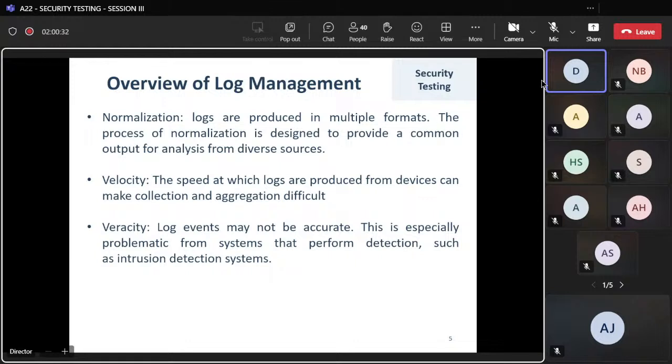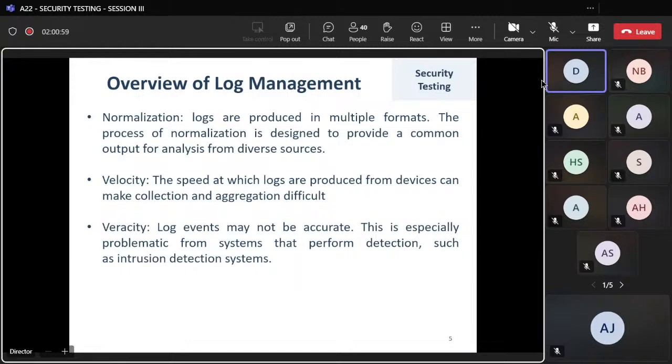From that source, you need to have normalized content. Second, we need to know about the velocity, the speed at which the logs are produced from various devices and pushed. It will be very difficult to aggregate and make an analysis.